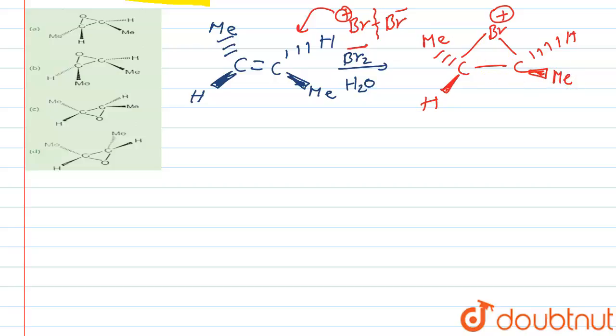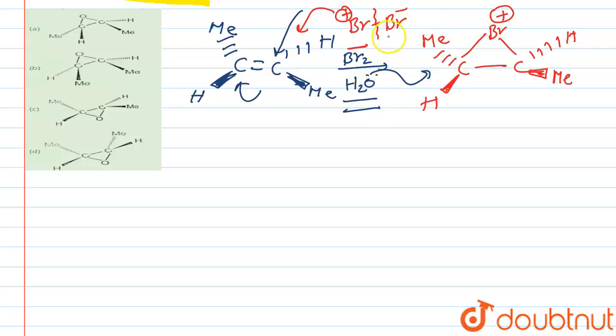Now this intermediate forms by the attack of the bromine electrophile on this carbon: the bond breaks here, this bromine comes to this place, and the electron density attacks the bromine, leading to the formation of the cyclic bromonium ion. Now H2O attacks this side.